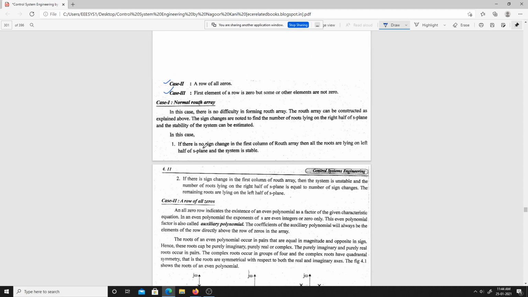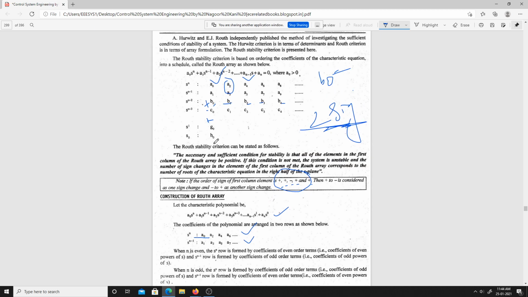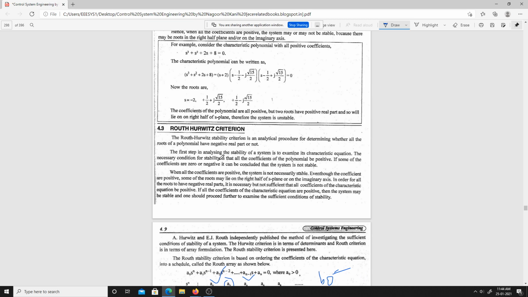Just look at this once, from here, just look at how we are going to construct this. For a while, I will just continue with the next topic.